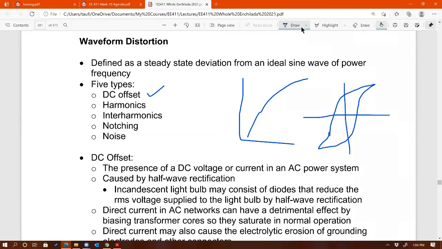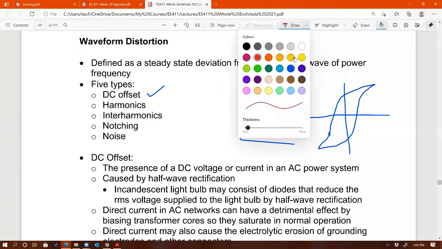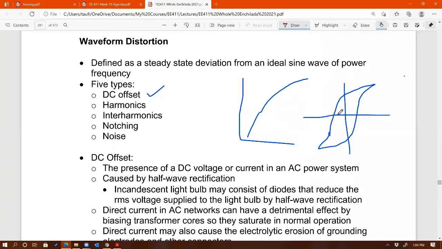So if you have a 60 hertz component, no offset, supposedly, then depending on the current, it will go through this cycle, positive cycle, negative cycle in the core of the transformer. I'm drawing the BH curve of the core of the transformer. So the flux goes up and down, goes up and down.